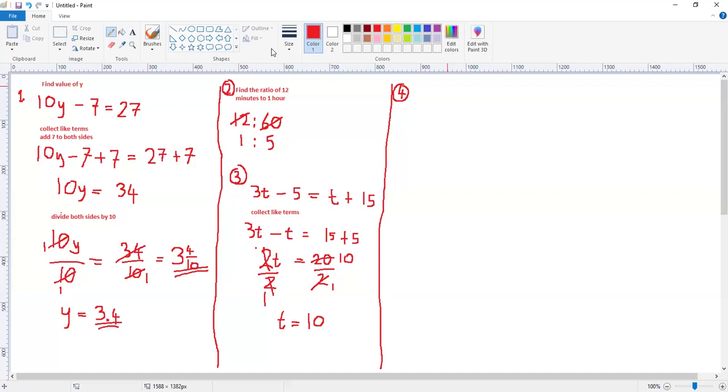Okay, good. This question we're about to solve simply says that the base of a triangle is 6 centimeters and its height is 8 centimeters. What is its area?